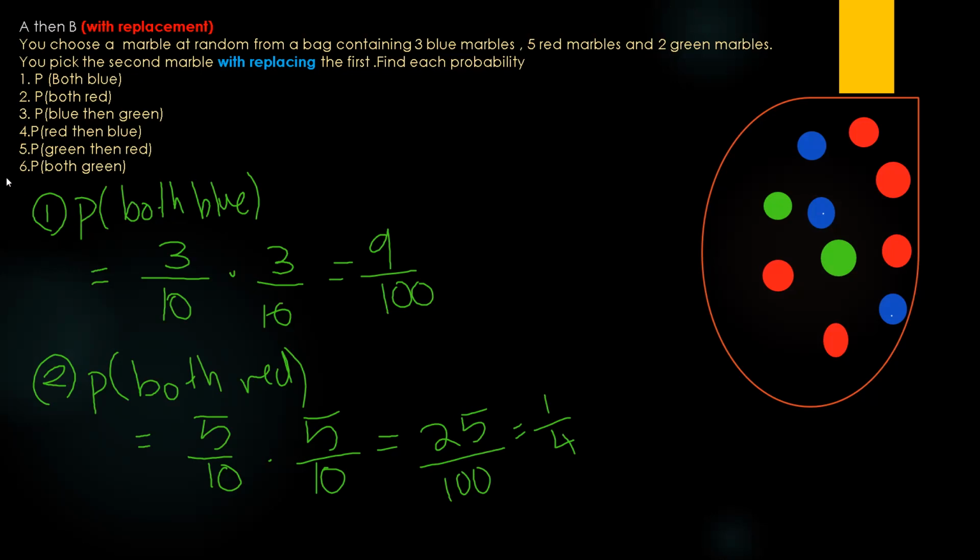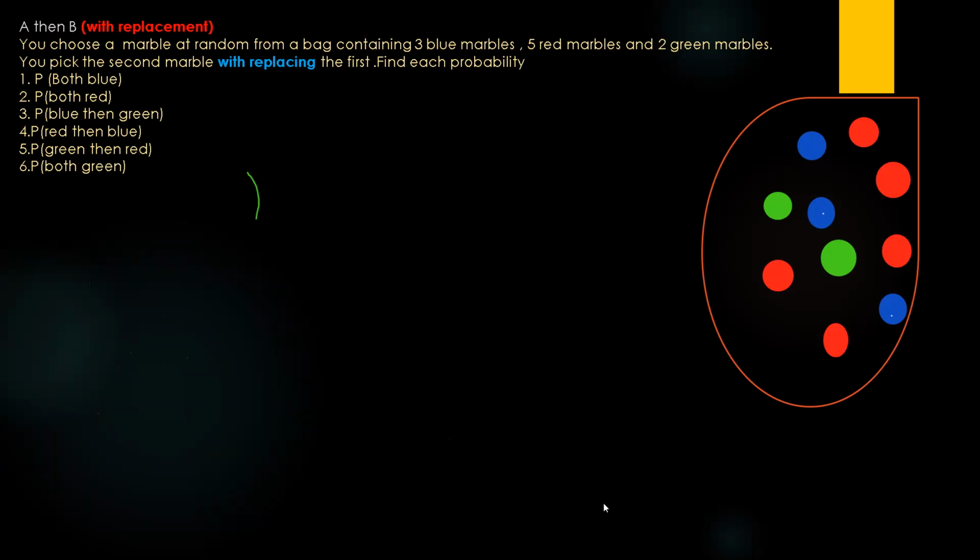Number 3. Probability of blue then green. What is the probability that the first one is blue? We have 1, 2, 3.